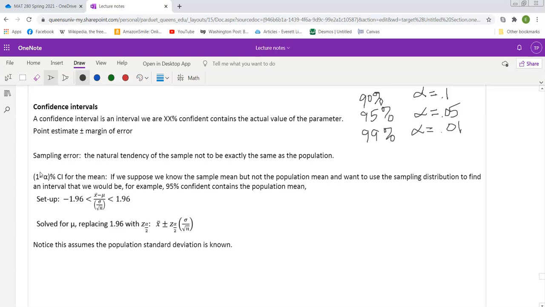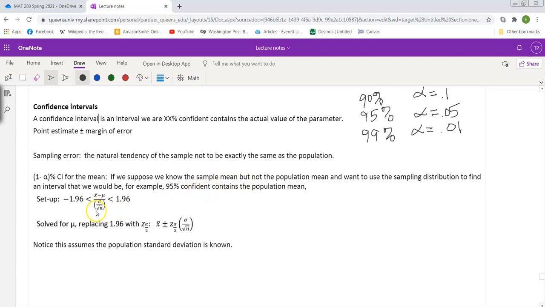So because of that, we might want to know how far off we think the sample mean actually might be from the population mean. So, thinking back to what we did before with the central limit theorem, we could use that formula to generate an interval that we might be, say, 95% confident contains the population mean.